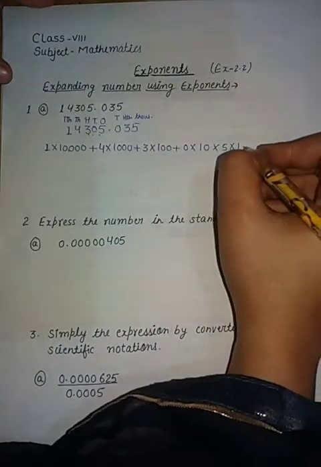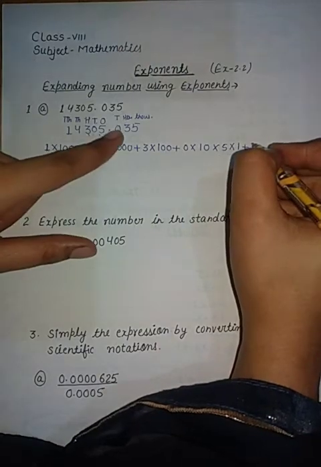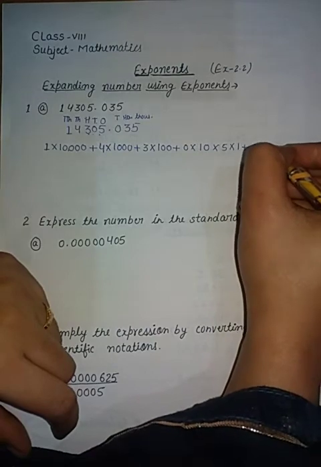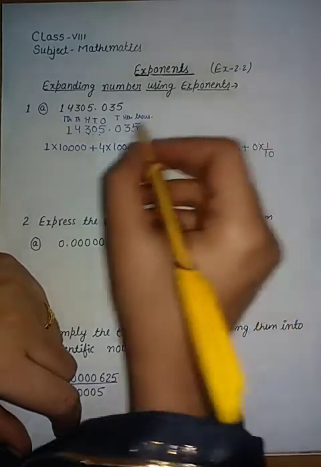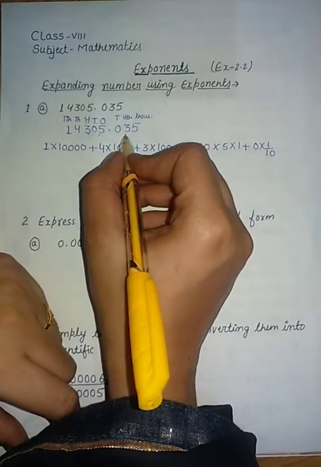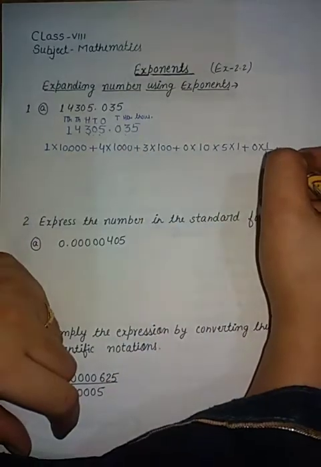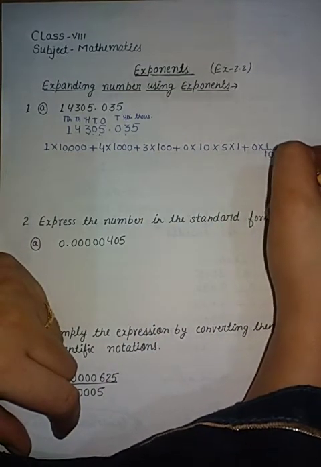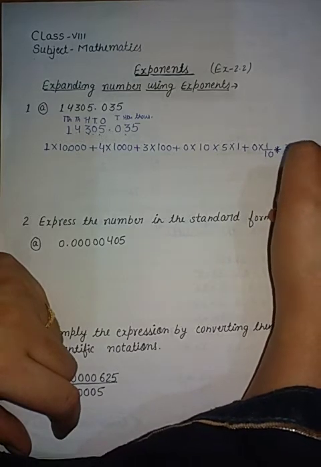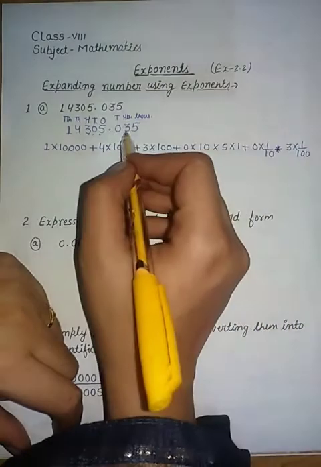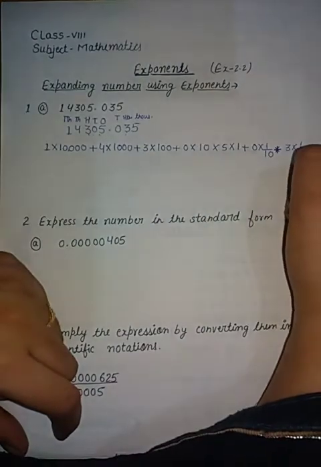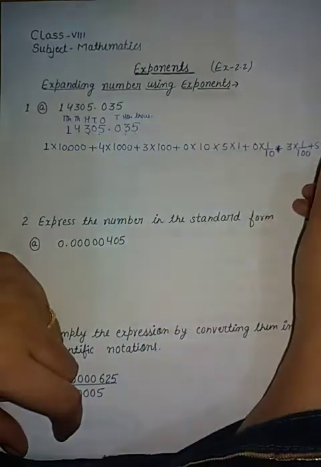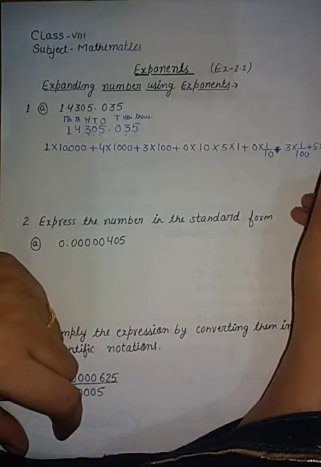After the point, plus 0 is in the tenths place, so 0 multiplied by 1 upon 10. And after that 3 is the next digit, plus 3 multiplied by 1 upon 100 because it is in the hundredths place, plus 5 multiplied by 1 upon 1000 in the thousandths place.